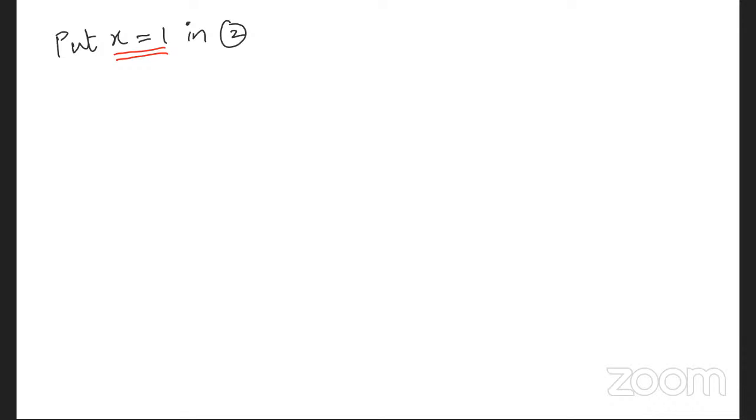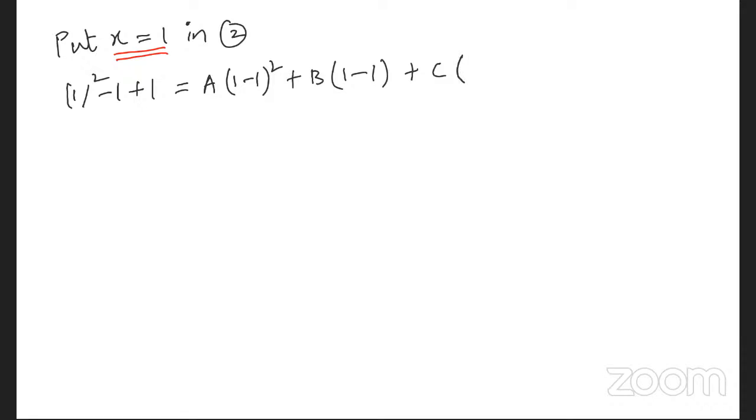Now 1 square minus 1 plus 1 is equal to a into 1 minus 1 whole square plus b into 1 square minus 1 plus c into 1 plus 1.